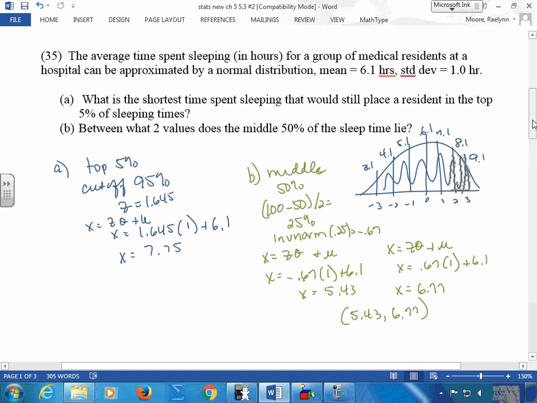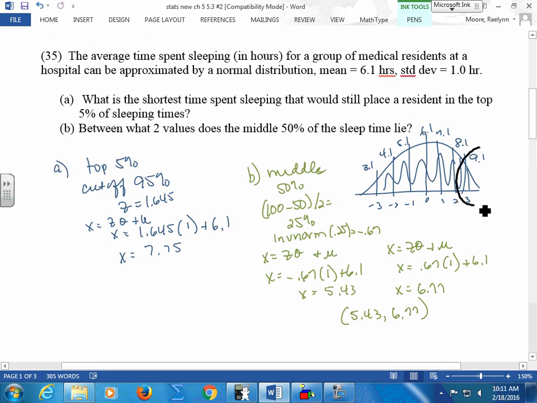And again, a lot of this is a little repetitious, but I like these because they had a little variety. Some had to the left, some had in the middle, some had to the right, the top 5. This guy had the top 5%. Which one would put him in the top? The shortest time spent sleeping that would still place a resident in the top 5% of sleeping times. So you're looking for this top 5%.